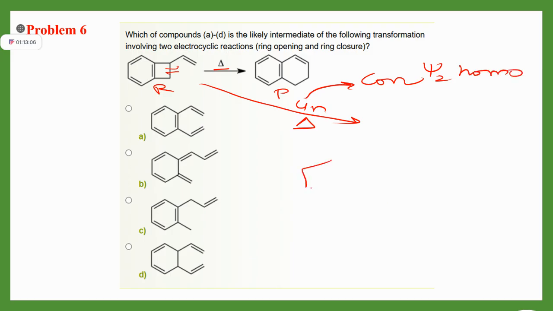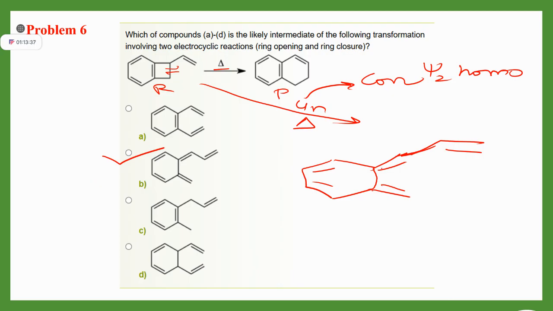If it undergoes conrotation, it will form this. This is connected here, right? So this intermediate is there in option B. So option B is correct.